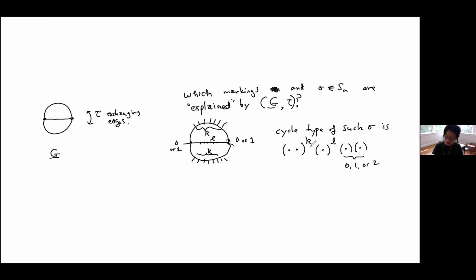And this is supposed to be summed over all K and L. So I claim to you that the exact expression is P tau V, P tau E over P tau H.